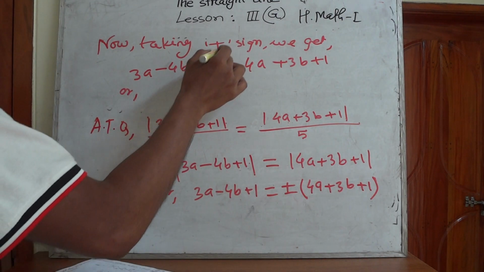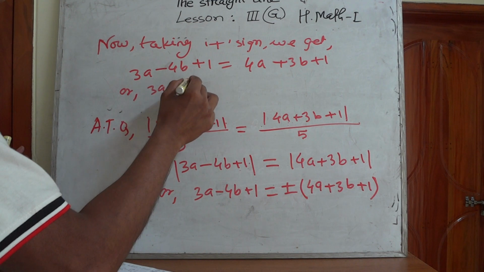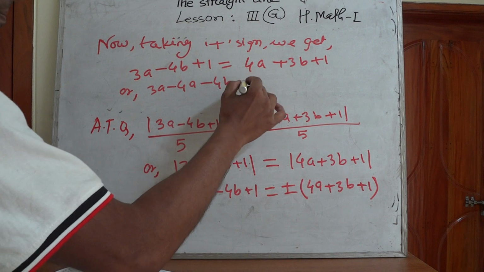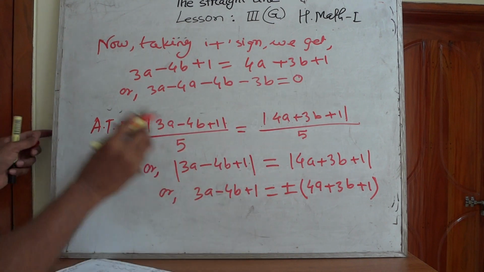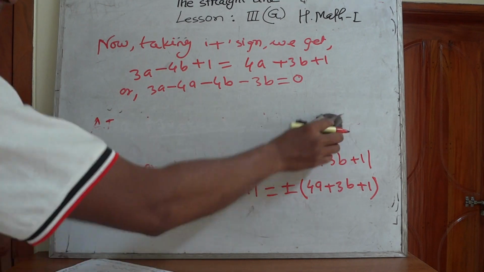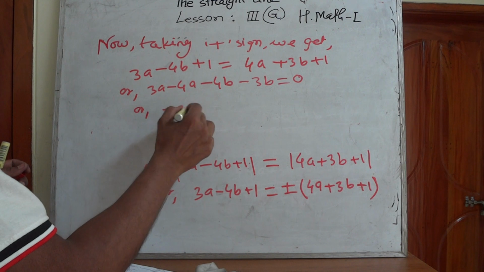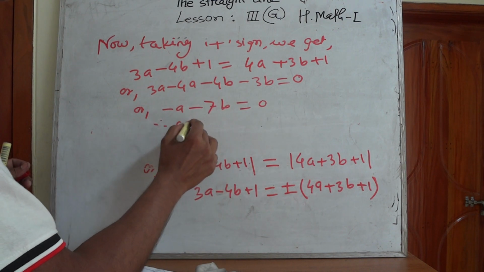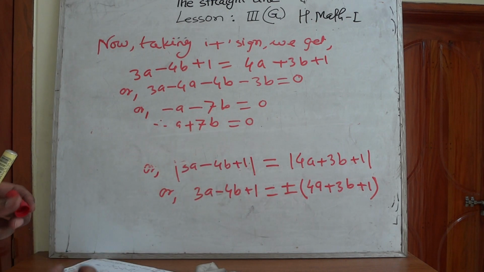The 1 cancels, that means 3a minus 4a, minus 4b minus 3b, equal to 0, or minus a minus 7b is equal to 0, therefore a plus 7b is equal to 0. First part proof is complete.